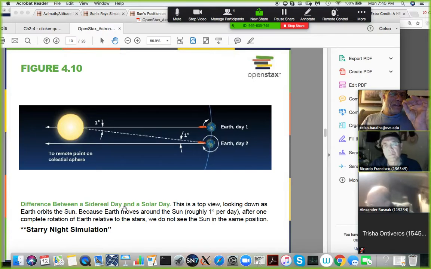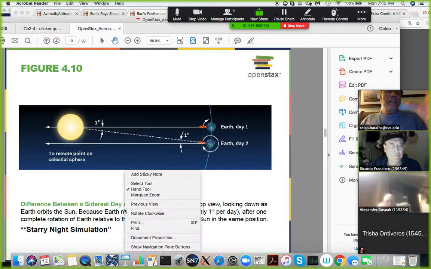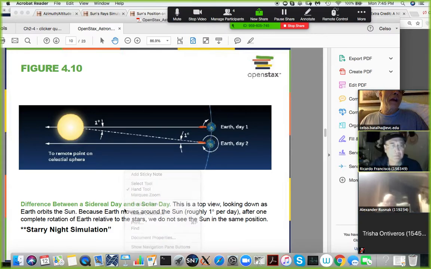So the difference is significant. We take the solar day as an average over this spin along the year, and we set that to be 24 hours.